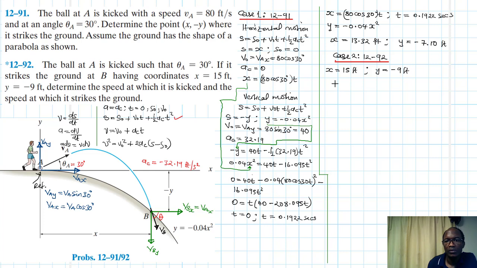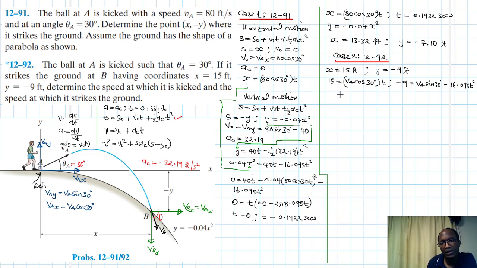Then, given this information, we can say 15 is equal to VA cos 30 times t, and minus 9 is equal to VA sine 30 t minus 16.095 t squared.